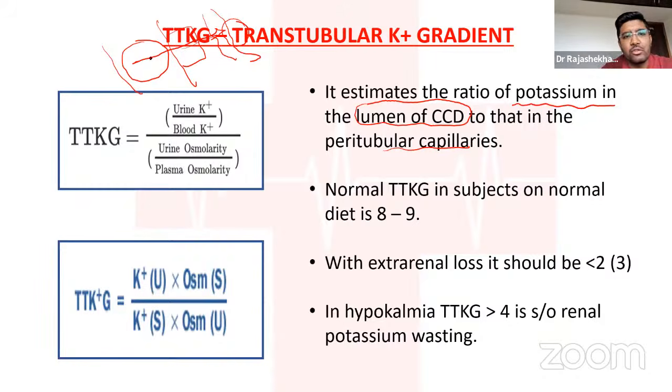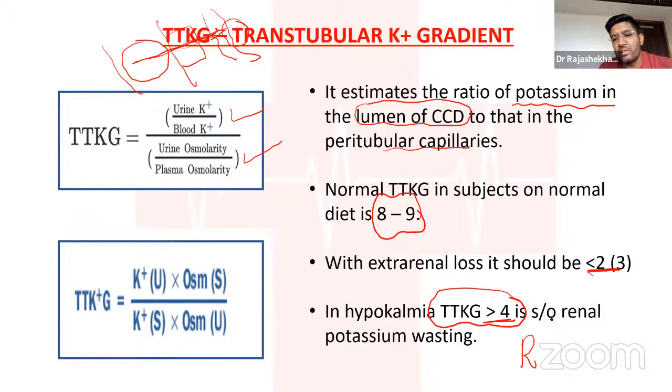That is the transtubular potassium gradient. This is the formula where the potassium is corrected for the urine osmolarity. In normal patients on a normal diet, the normal TTKG is 8 to 9. In case of extrarenal loss, it should be less than 2. So in a patient with hypokalemia, if you measure the transtubular potassium gradient and it is more than 4, then it is suggestive of renal potassium wasting.